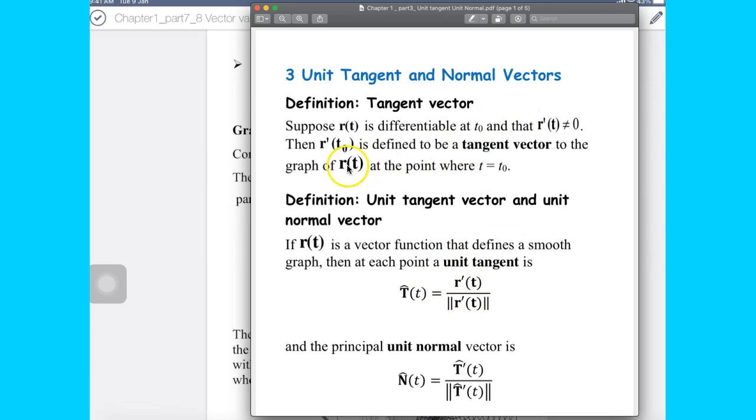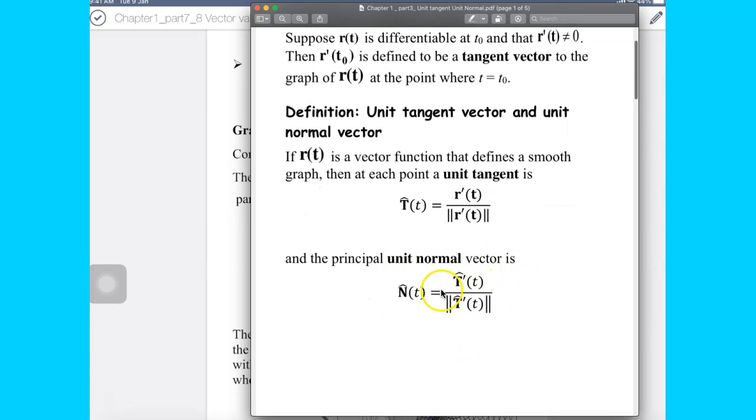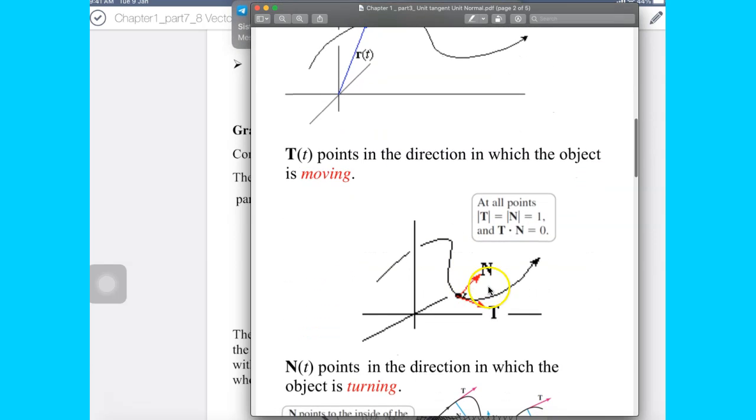Remember that we evaluate r prime. You are given the vector function of that curve, then you find the tangent vector, which is r prime, and then you can evaluate the unit tangent vector using this formula. If you manage to obtain the unit tangent, then you can compute the unit normal vector, using the information from the unit tangent.